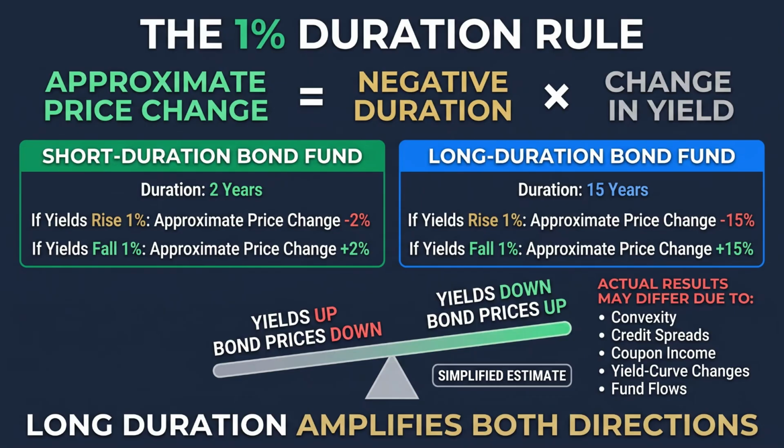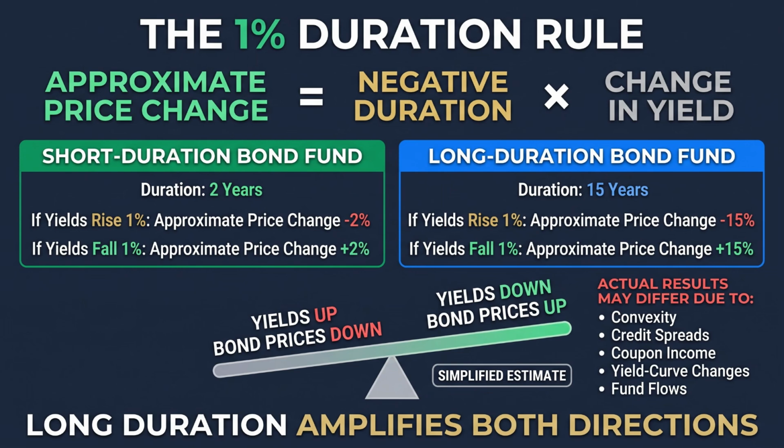A useful approximation connects duration with changes in bond yields. The estimated percentage change in a bond's price is approximately equal to negative duration multiplied by the change in yield. That sounds technical, but the basic idea is straightforward. Imagine a short duration bond fund with a duration of 2 years. If market yields rise by 1 percentage point, the fund's price might decline by approximately 2%.